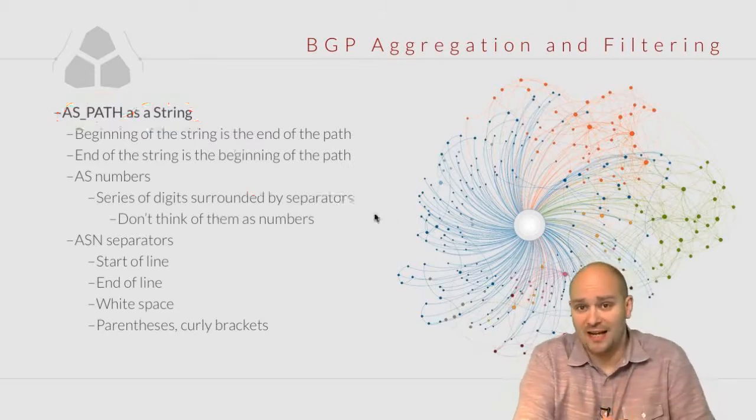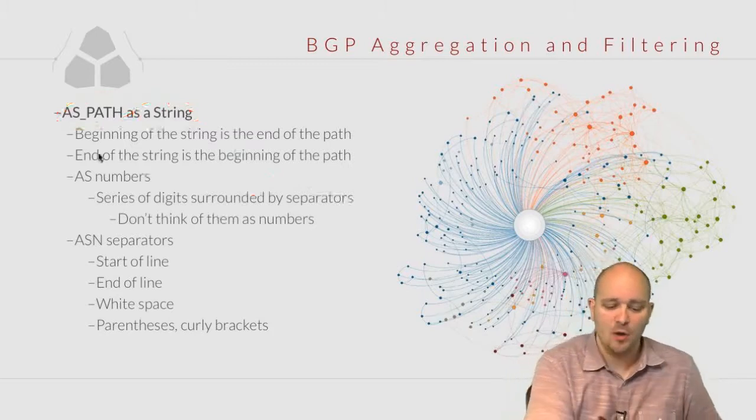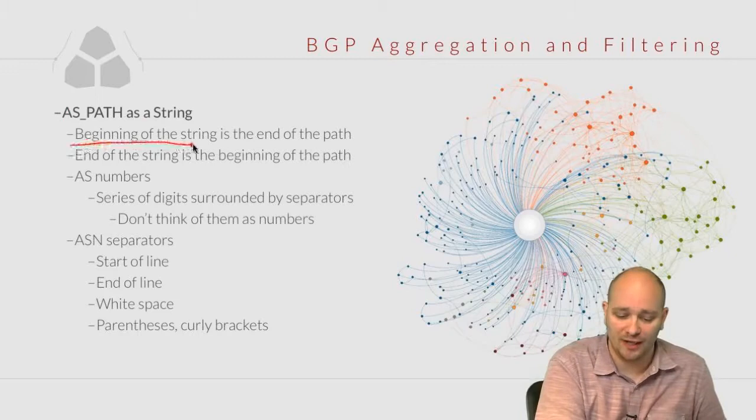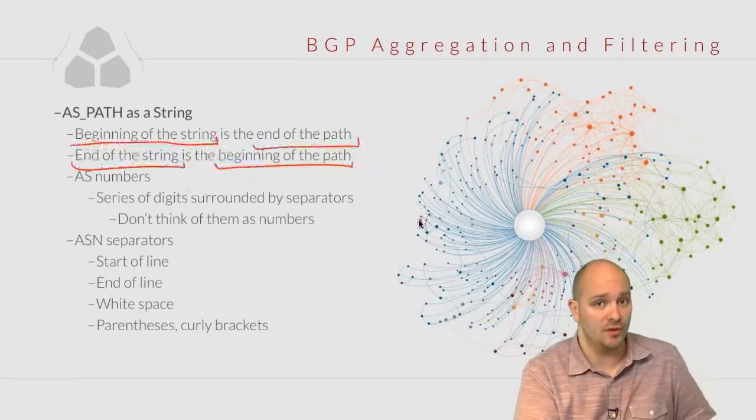Now, to understand how BGP can filter based on the AS path, we have to first make some things clear. The beginning of the string is the end of the path, and at the end of the string is the beginning of the path.